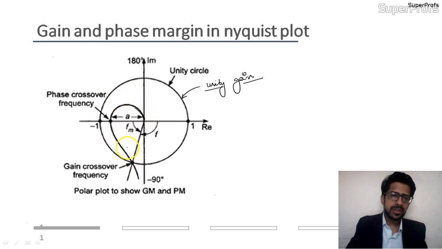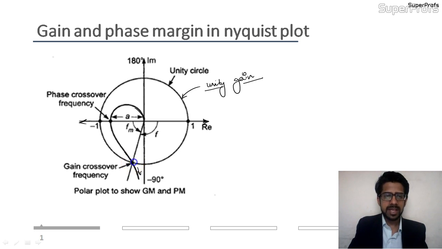As you can see, I have a gain crossover frequency here. That means gain increases beyond 1. So after this point, I have frequencies for which gain is more than 1. So this is the critical frequency for me.